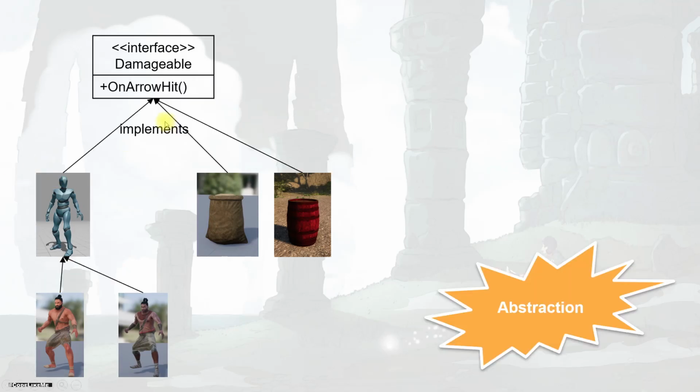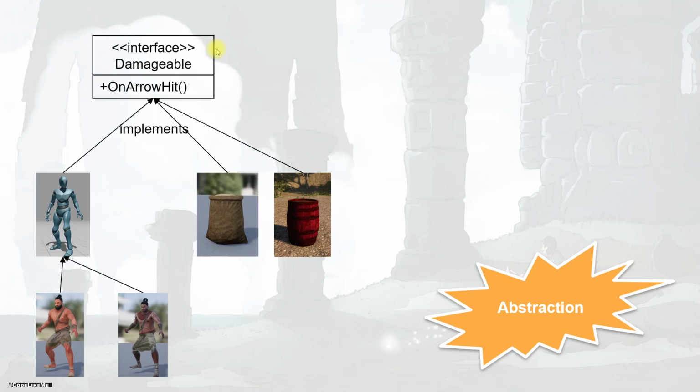So therefore what I suggested was to define a different interface like damageable, and define the on arrow hit there. Both of these objects and also the humanoids can implement that interface. This is a different interface with a smaller scope.